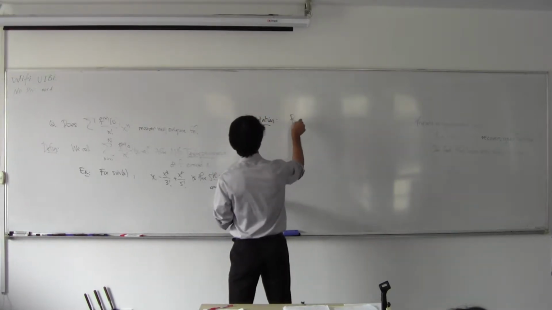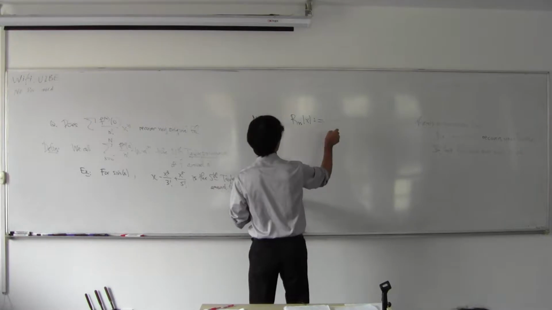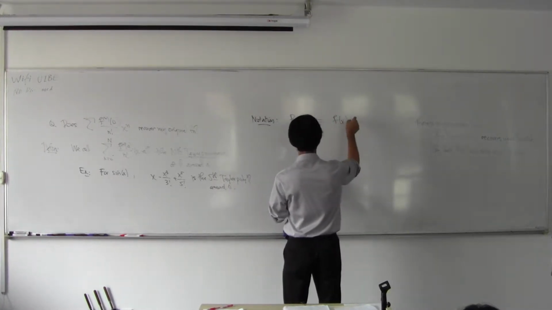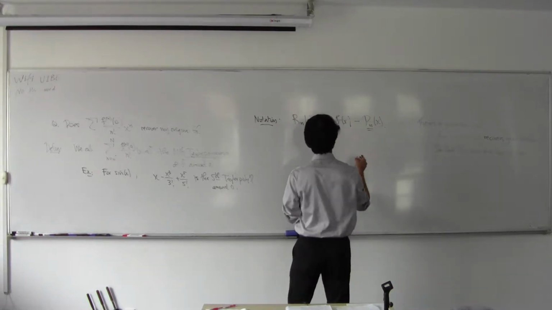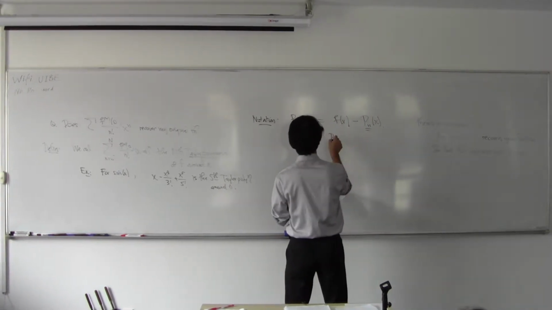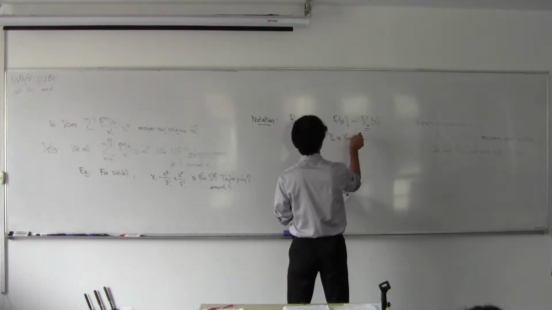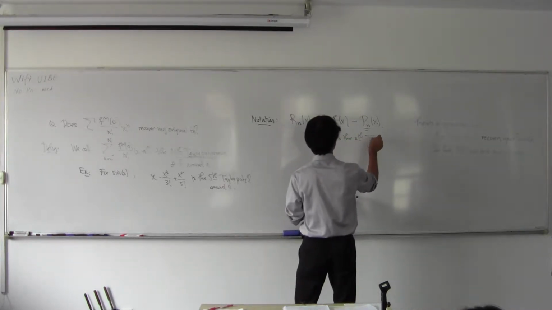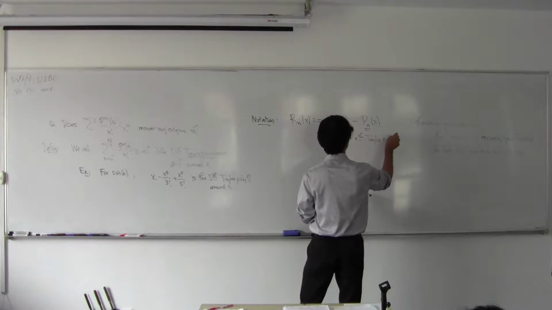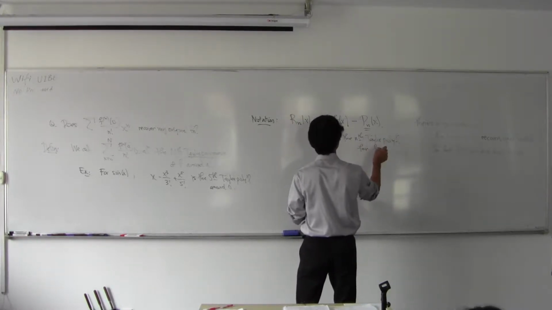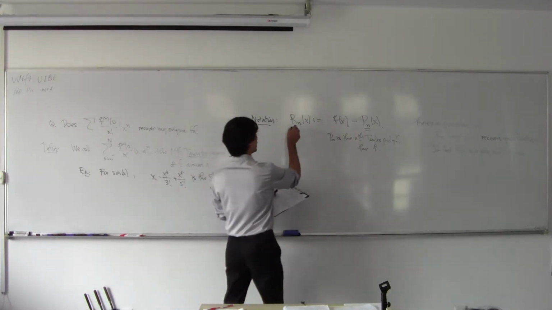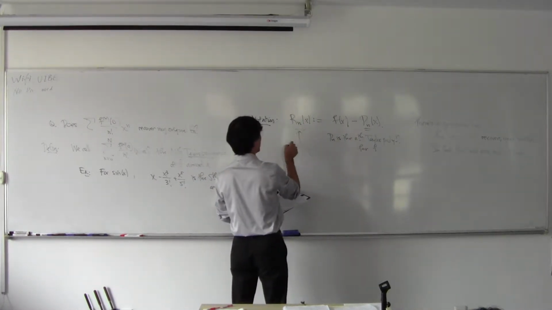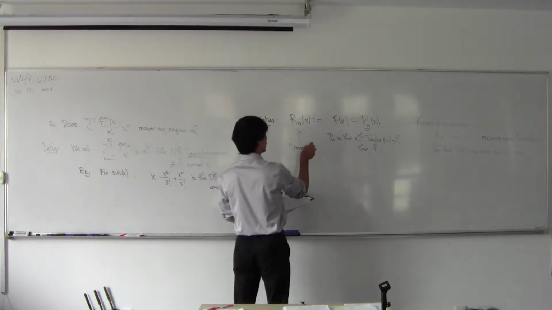Let R sub n of x be the function minus the polynomial, where P sub n is the nth Taylor polynomial for f. Okay, so this is the remainder or the error.